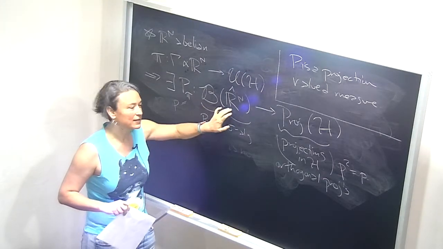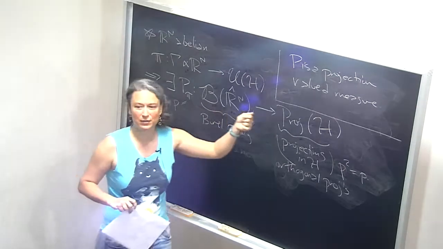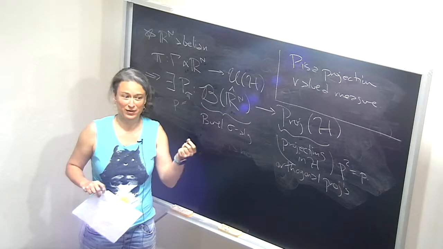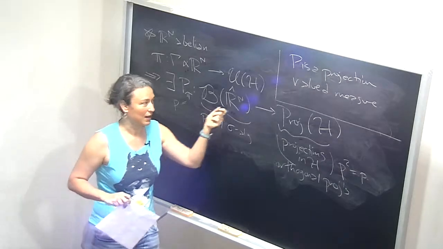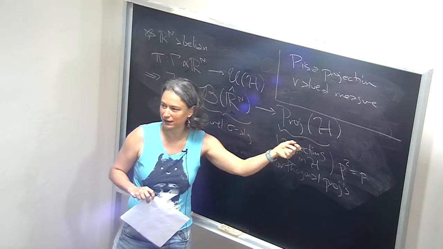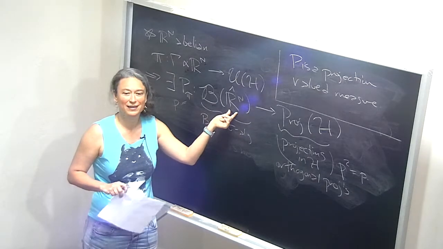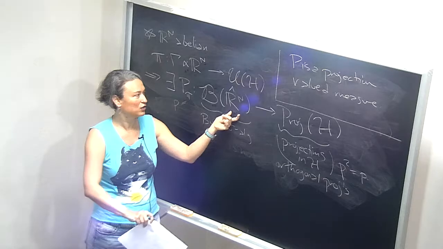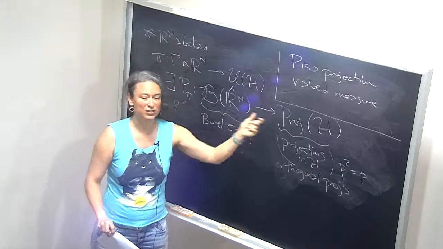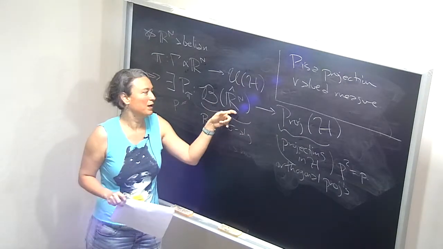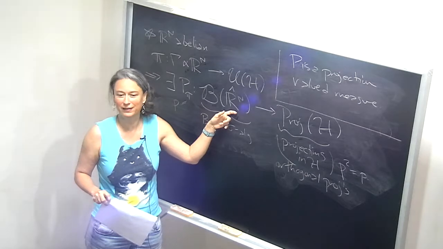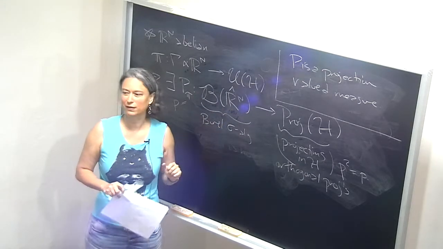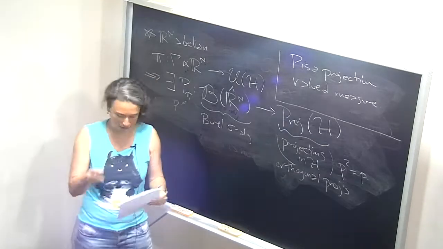I take a Borel set here, and I assign a projection. Let's say I have 1 point. That's a Borel set. And I could assign a projection. That 1 point is in the unitary dual. So this projection is kind of picking up how much that irreducible component is part of this unitary representation.